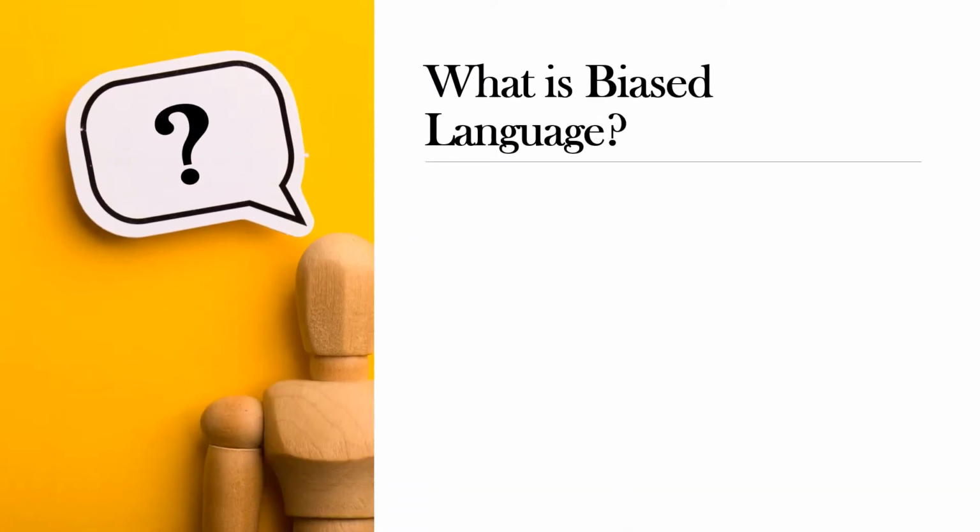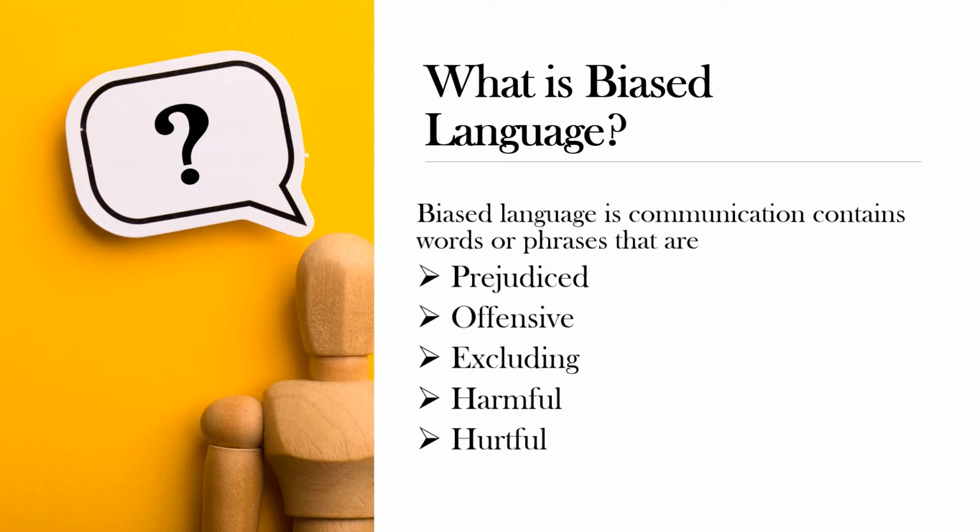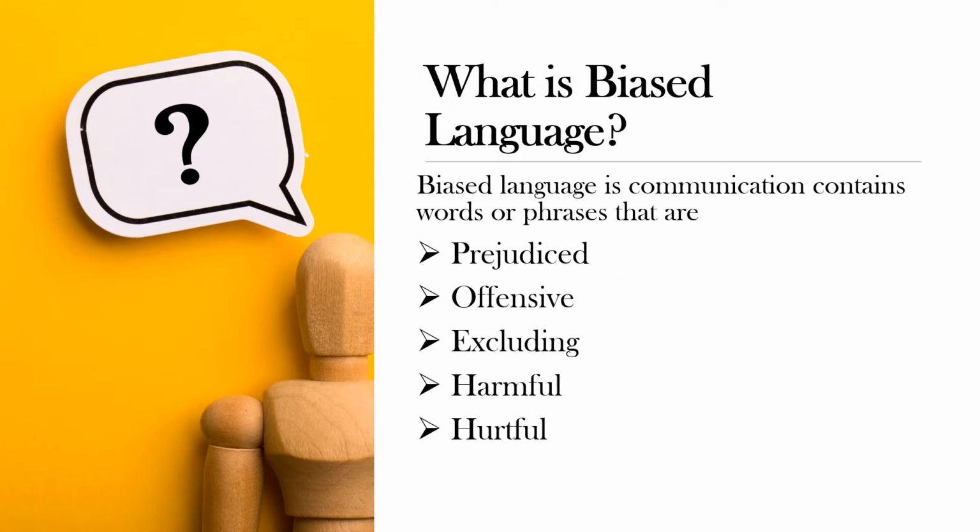What is biased language? We all carry some sort of bias, a prejudice toward or unfair characterization of people based on identity factors like gender orientation, age, race, ethnicity, socioeconomic status, and disability. Biased language is communication that contains words or phrases that are prejudiced, offensive, harmful, or hurtful.